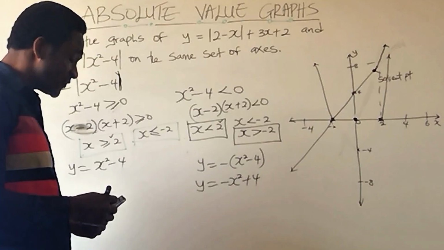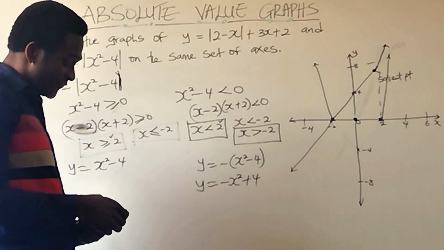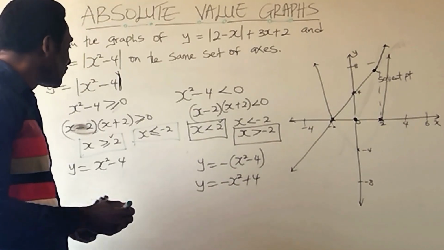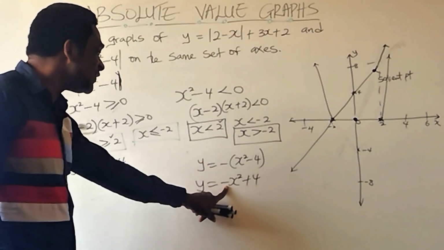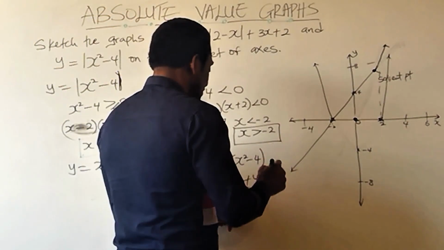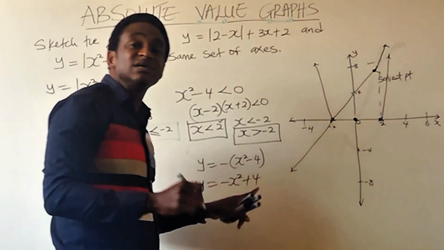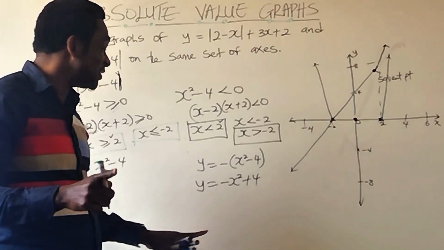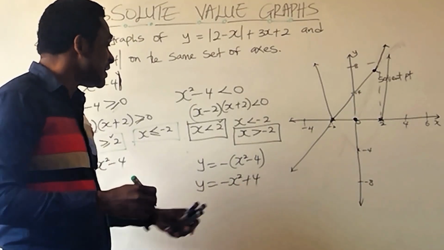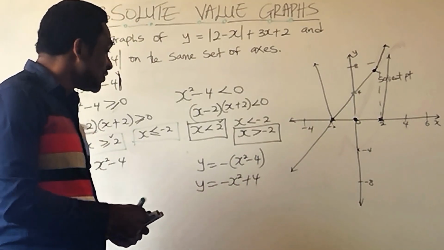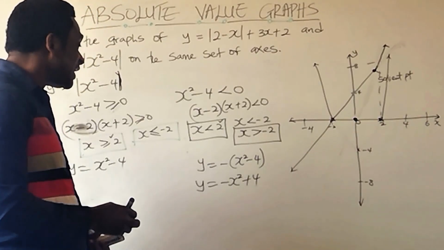Now, let's look at the second graph. For the second graph, we have negative x squared plus 4. Plus 4 will also serve as our turning point as well as our y-intercept because there is no b. Now, we have to check for our x and y-intercept.